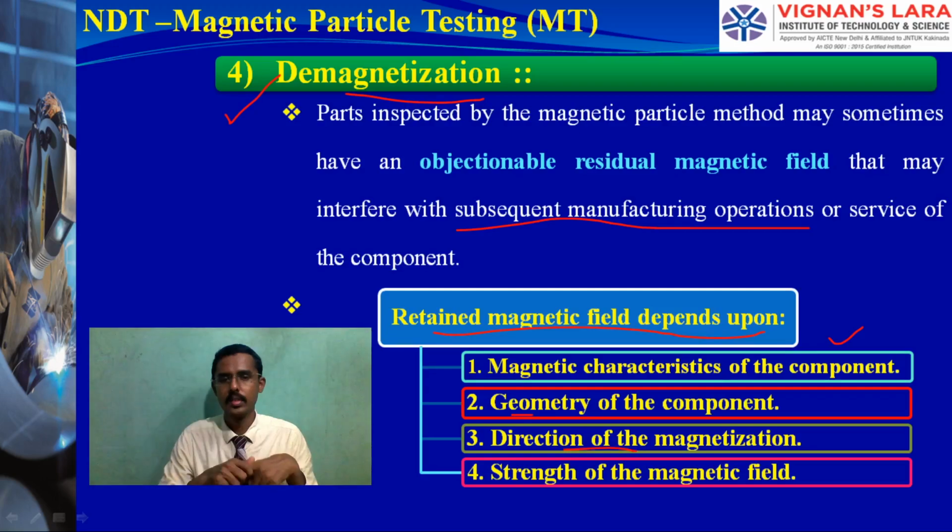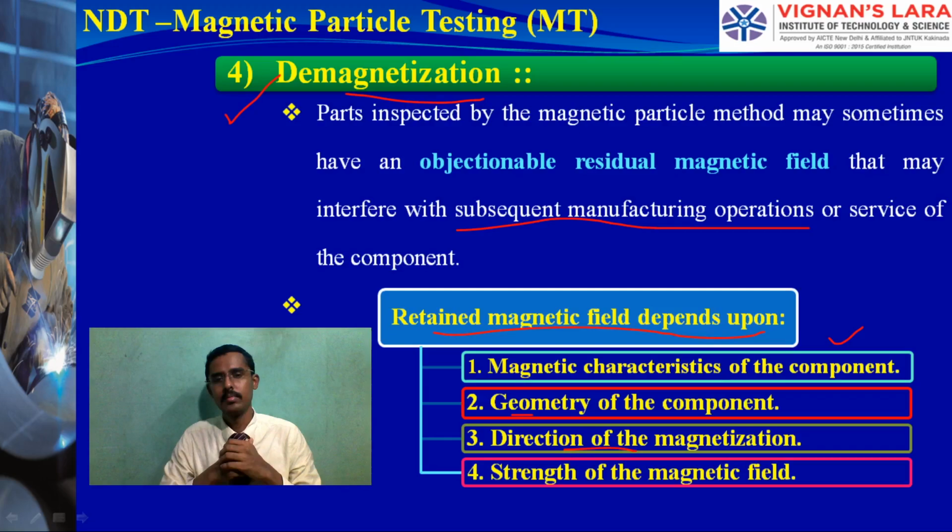The last point is the strength of the magnetic field. How much are we giving to generate the magnetic field? Not only with the permanent magnet, we are going to supply the electromagnet also. For that, we have to supply current, somewhere from 20 to 50 amps are required. Depending upon the current amps applied, the field also changes. The current increases, the magnetic field also increases.